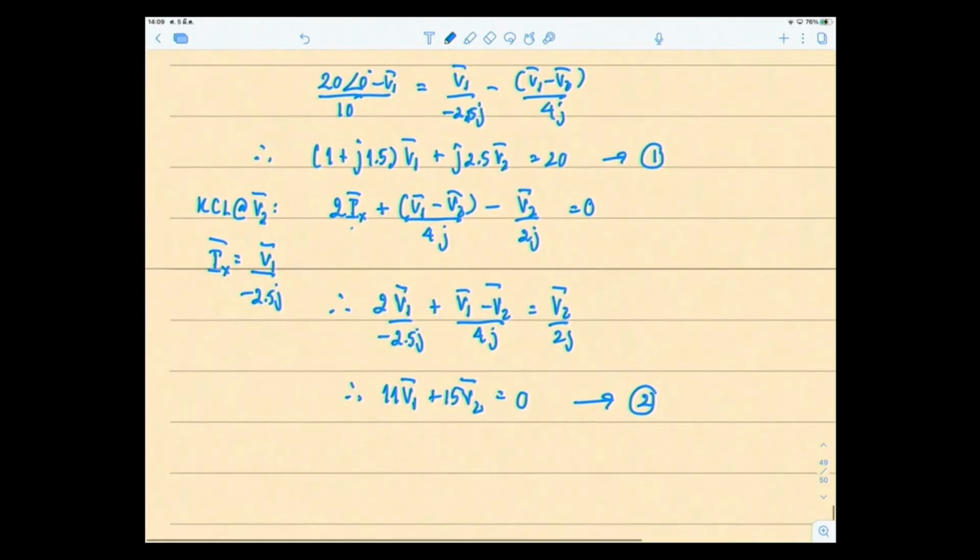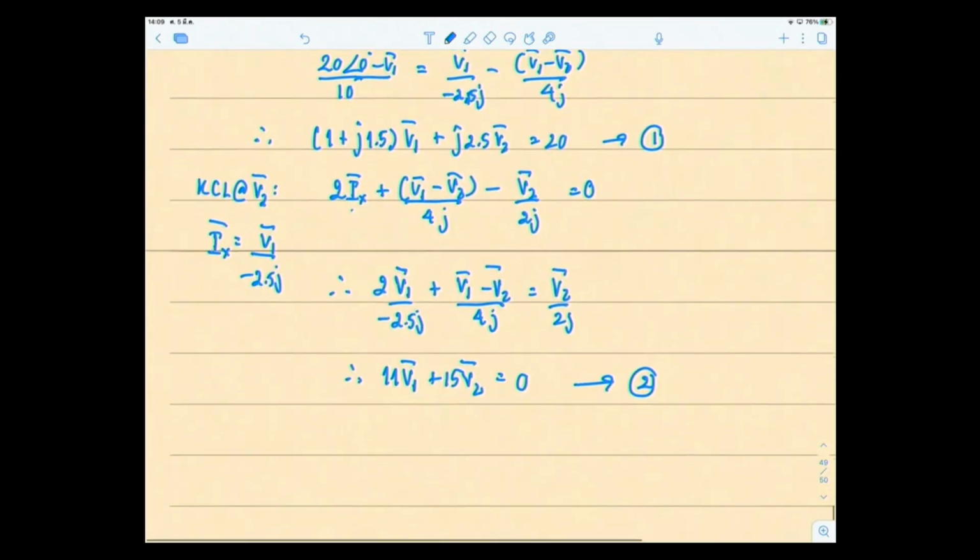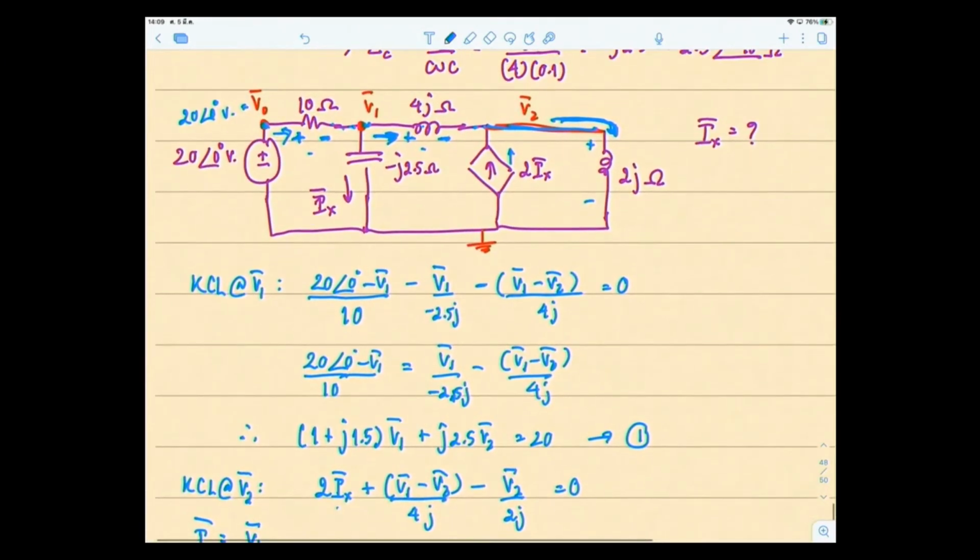So therefore you have these two equations to solve for V1 and V2. Actually, we want to find Ix, which is equal to V1 over minus 2.5j. You need to find only V1. You don't need to find V2 even.